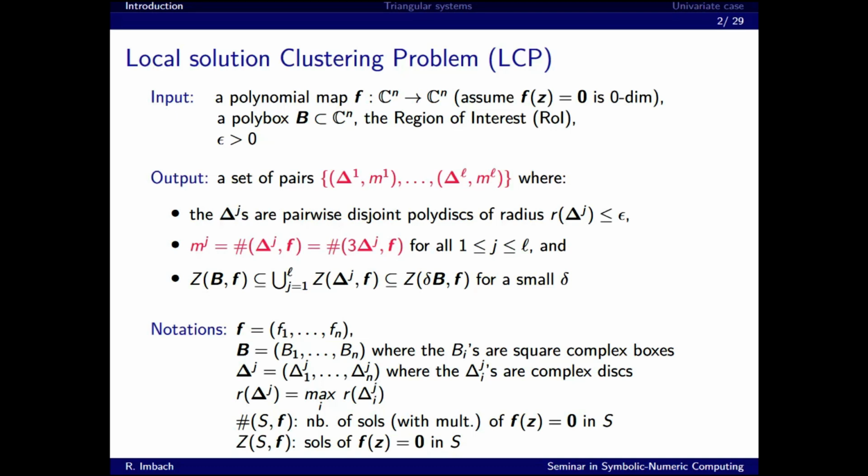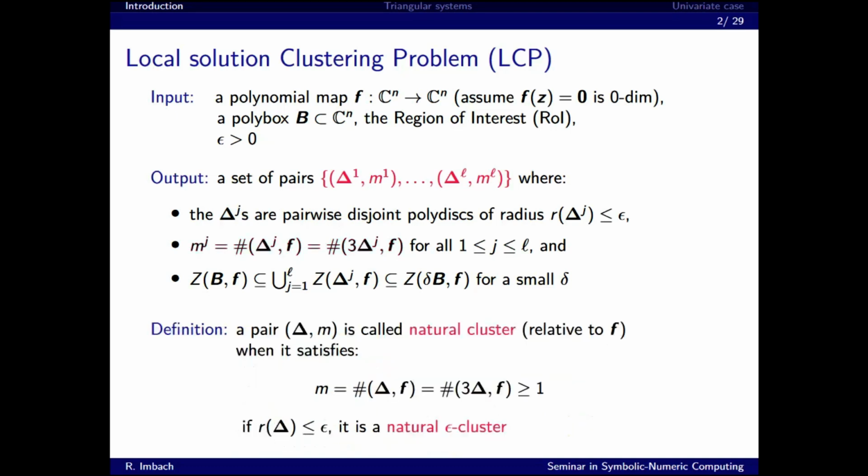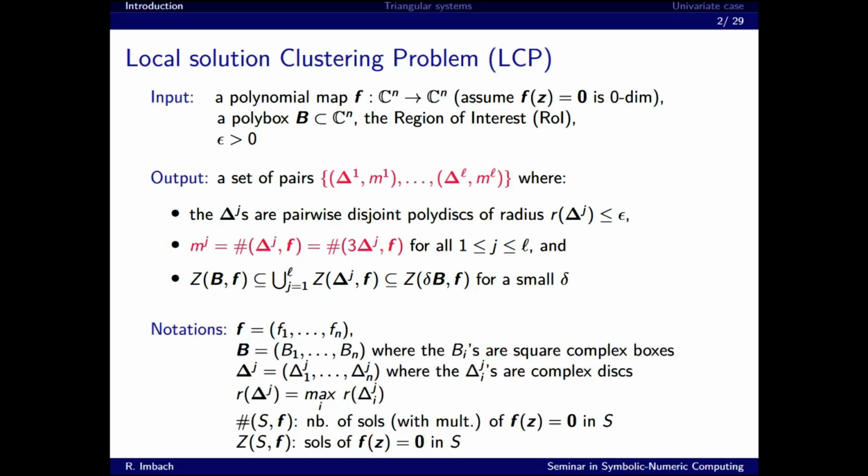What's the meaning of a small delta? Here actually it's a small mistake, it should be 1 plus delta, and it means that we inflate B a bit. Logically, we want all the solutions that are in B, and we accept solutions that are a bit outside of B. So is delta part of the input?